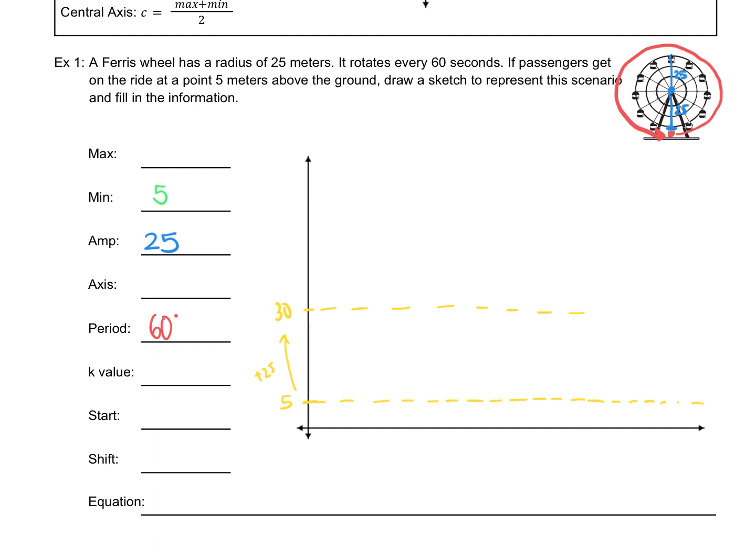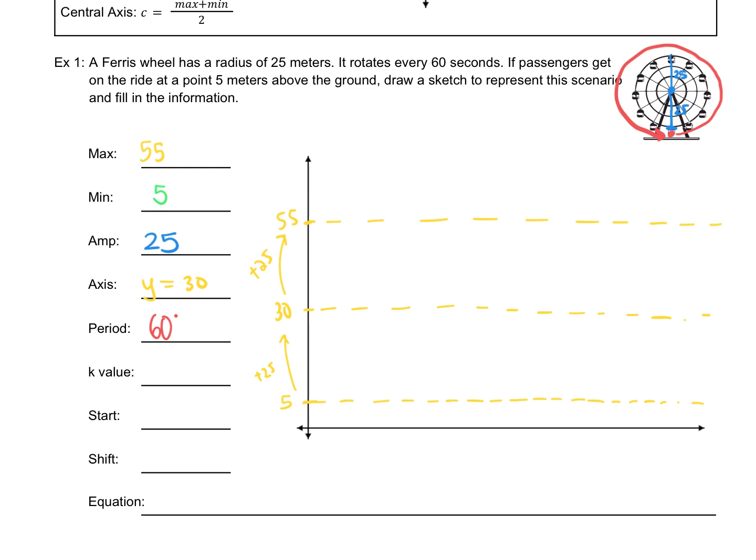And that is now my central axis. So y equals 30. Then I can add another amplitude of 25 to take us to 55. And that's my maximum. And now I have that good range of values where my function occurs.